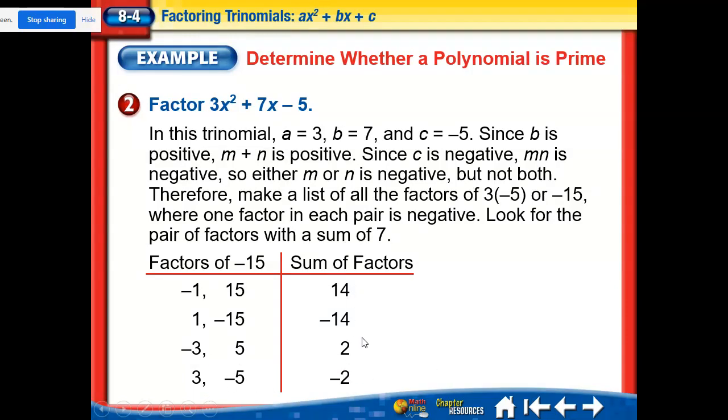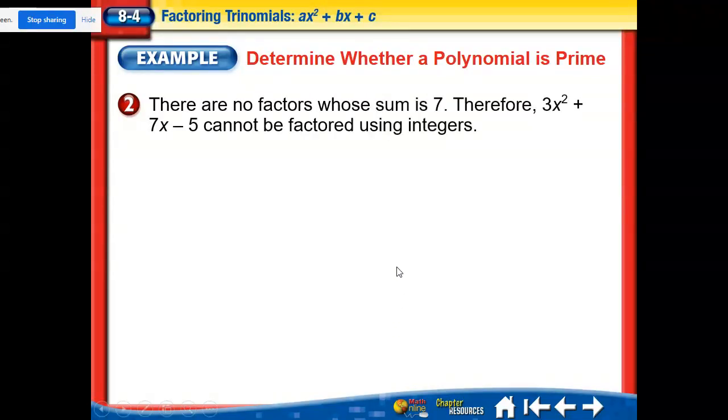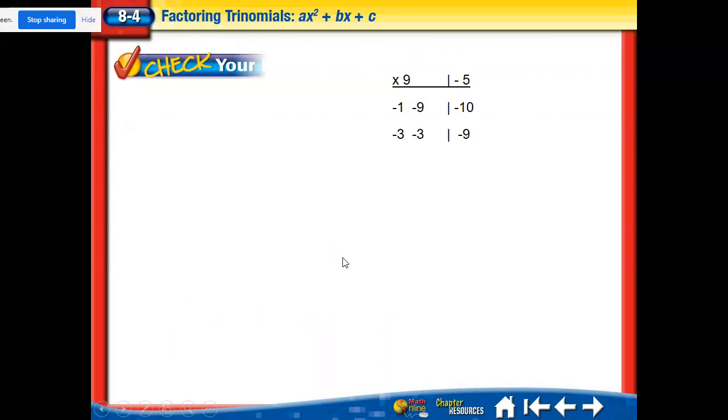And if you look at those, none of those add up to be that 7. 4 doesn't go in, and then we already have our 5. So we've got all our factors. So what can we do here? Since there are none that work, what we say is this is a prime polynomial. It is prime because none of the multiplication factors add up to be the middle term, the b value.